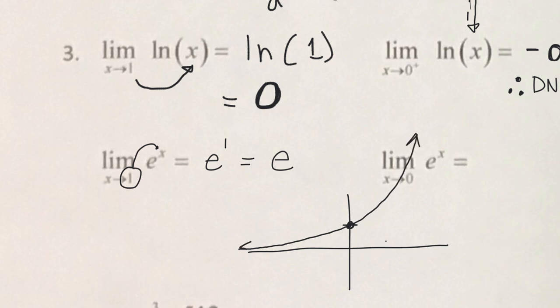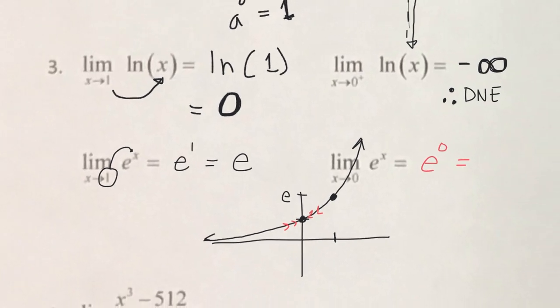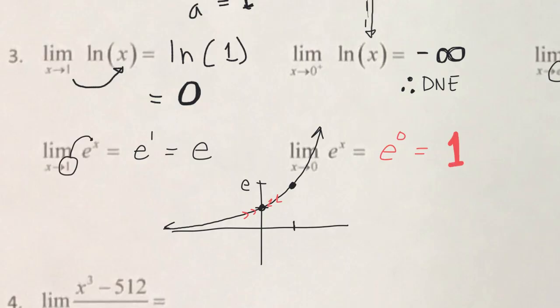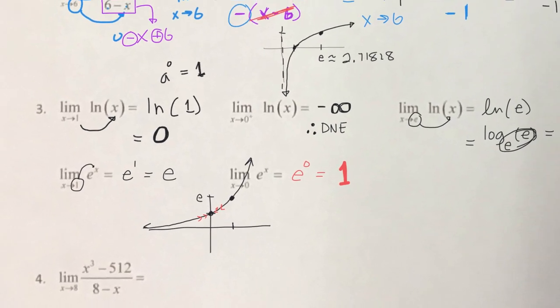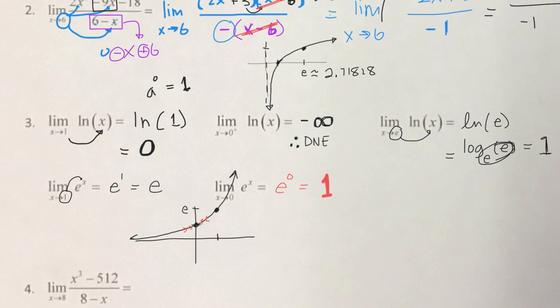So as x approaches 1, our y value is going towards e, 2.71828. So how about this next one? What's the limit as x approaches 0? All right, so you plug in 0, e to the 0. Anything to the 0 is 1. Okay, so there's a little section here about limits and natural logs and the number e. So don't be surprised if you see an e problem on your test coming up.